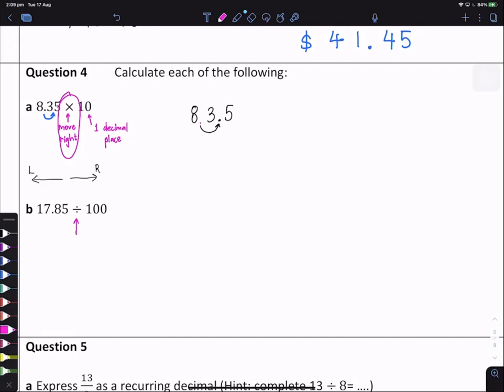You move it to the right. So what do you think we should do if we divide? You move it to the right. Hmm? I mean left. Yeah, so the opposite. And how many decimal places do you want to move to the left? 2 times. Yes, okay. So can you type in the chat what your answer will be? Try to work it out on paper and then type it in.